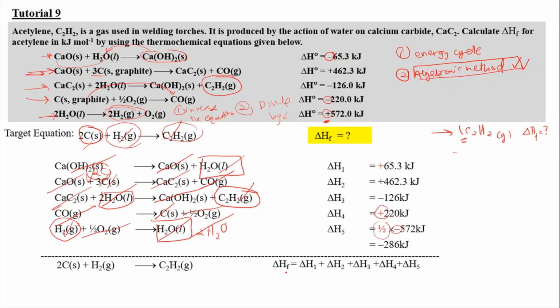So delta HF is equal to delta H1 plus delta H2 plus delta H3 plus delta H4 plus delta H5. Adding up 65.3 plus 462.3 plus minus 126 plus 220 plus minus 286 kilojoule, the enthalpy of formation that we get is 335.6 kilojoule per mole.